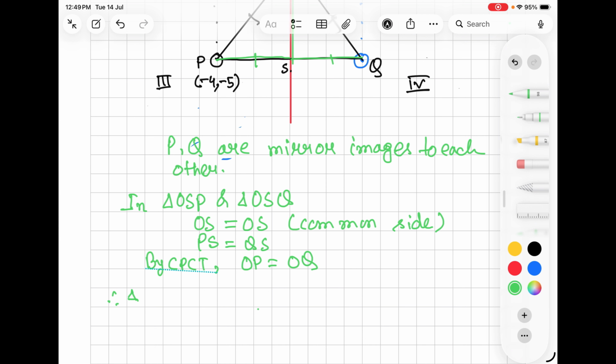Therefore, triangle OPQ is an isosceles triangle.